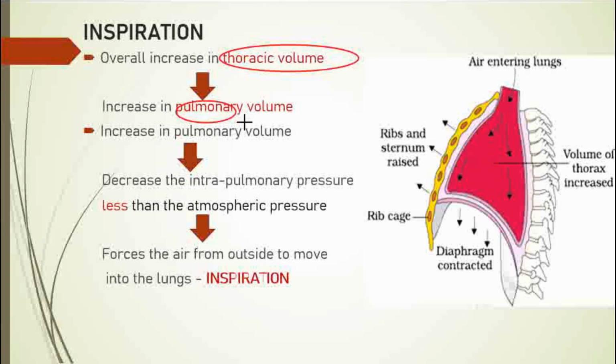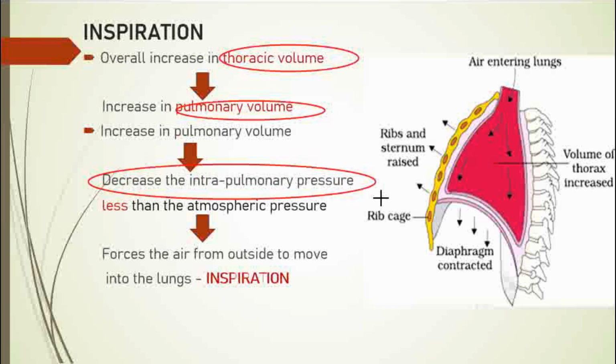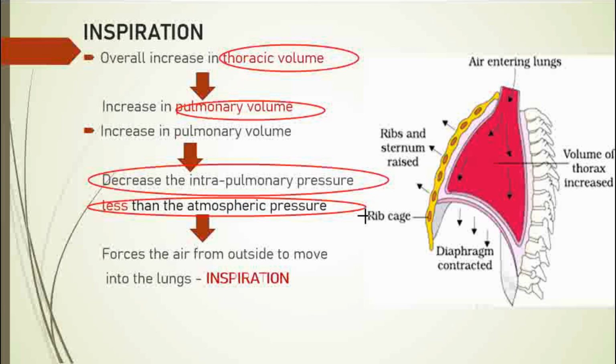So it leads to an increase in the pulmonary volume. So there is an increase in lung volume. With the increase in pulmonary volume, what happens next is there is a decrease in the intrapulmonary pressure. What happens to the pressure? So volume increases, and there is a decrease in the pressure, less than the atmospheric pressure.